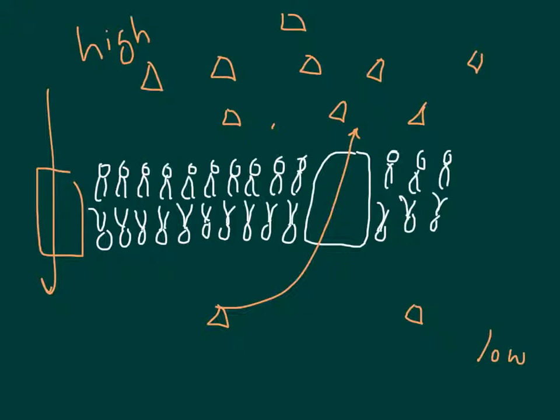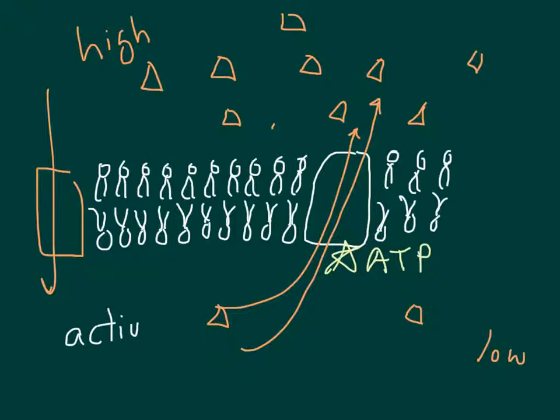It's like swimming upstream. It's like fighting through a crowd. And to do that, it requires some energy. We need ATP here to be able to move these molecules through against the crowd. So we require energy to do that, and we call this active transport. It's active because it requires action. It's not facilitated, it's not easy, it's active transport, and it requires ATP in order to do that.